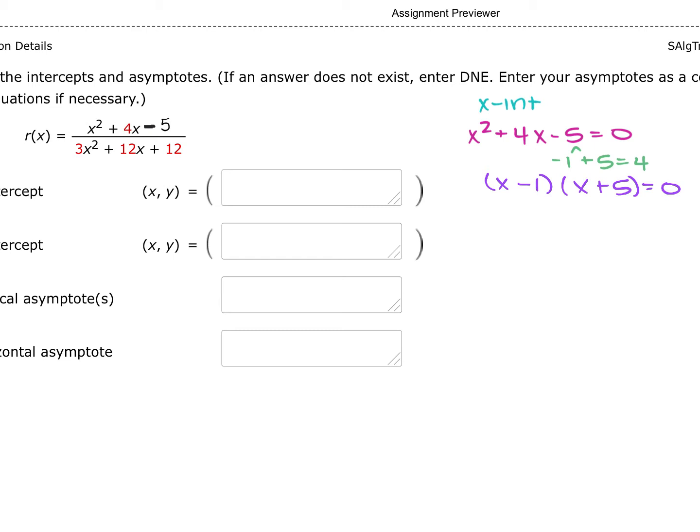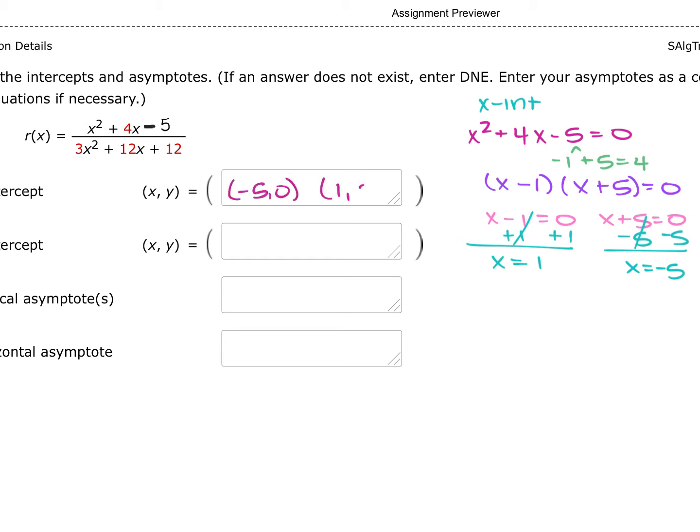If we set both of these equal to 0, we're going to have x minus 1 is equal to 0 and x plus 5 is equal to 0. So we move the 1 over and the x minus 1 is equal to 0 by adding it to both sides, and we get x is equal to 1. For the x plus 5 is equal to 0, we subtract the 5 over, and we have that x is equal to negative 5. So this gives us two ordered pairs, one that is the negative 5, 0, and the other that is 1, 0.